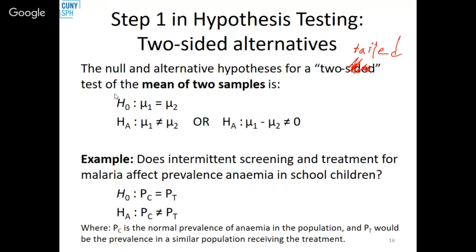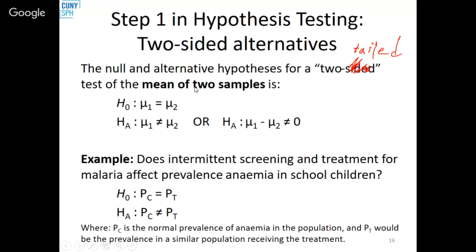Okay. So those were one-sided alternatives. They had a mu of one population corresponding to our sample being equal to a hypothesized mean for the null distribution.